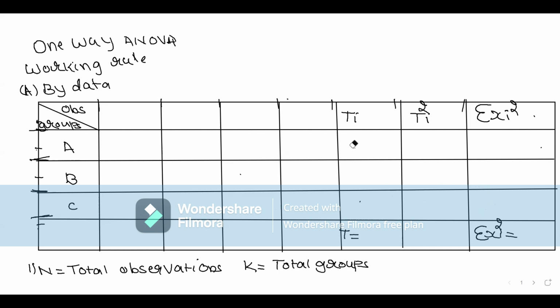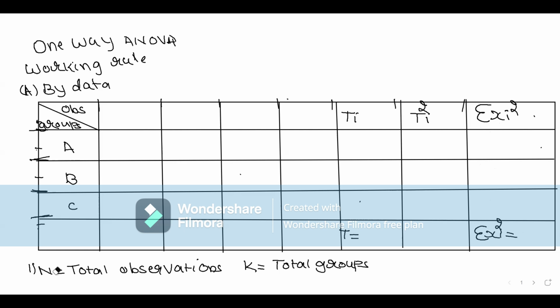Now add all these Ti, this plus this plus this equals T value, the sum of total observations, that is T. Ti square is not necessary here; summation of xi square is necessary, this plus this plus this equals summation of xi square.